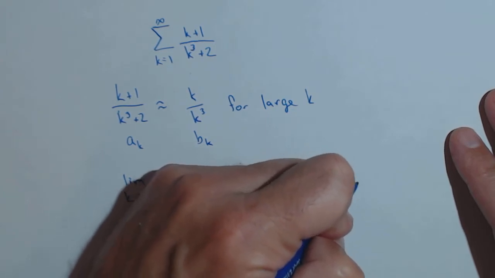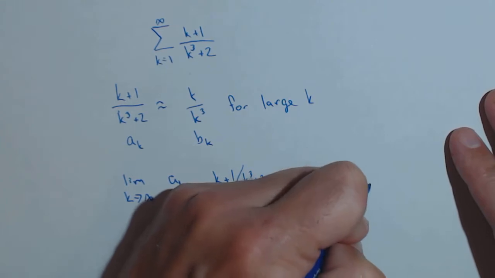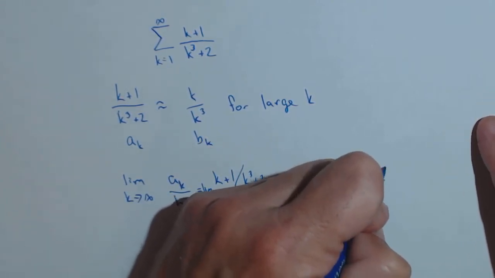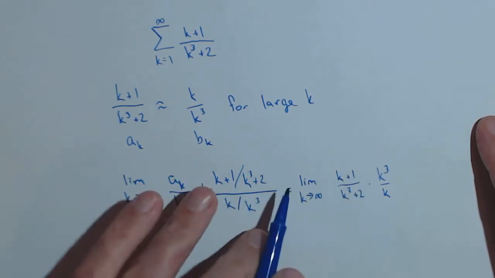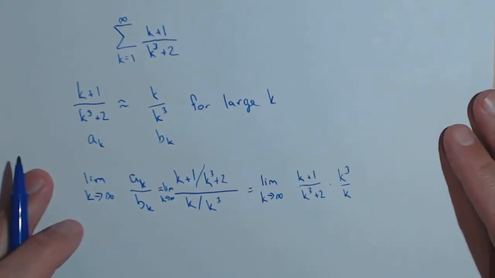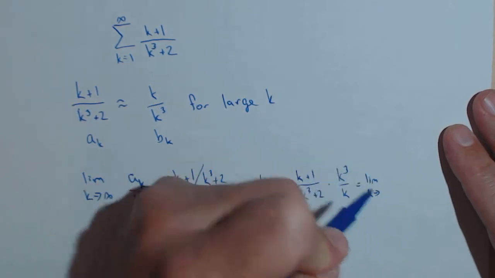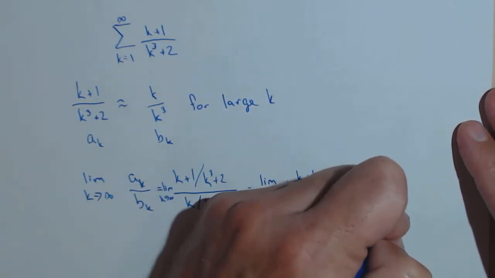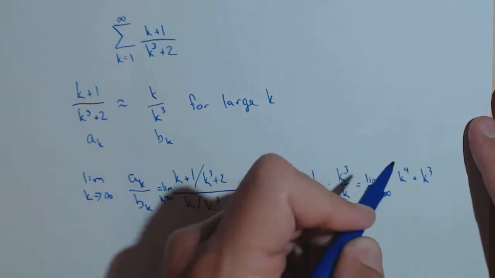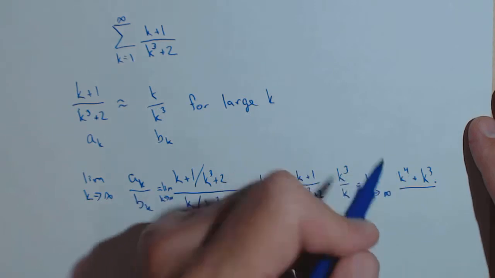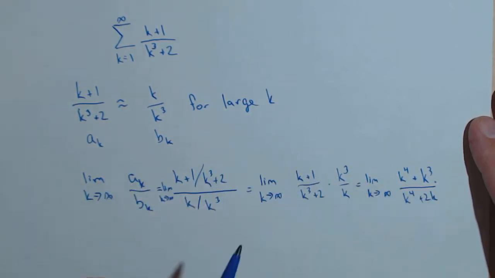So I have (k plus 1) over (k cubed plus 2) times k cubed over k. We'll go ahead and multiply and do a little bit of simplification. So the limit as k goes to infinity of (k to the 4th plus k cubed) over (k to the 4th plus 2k).